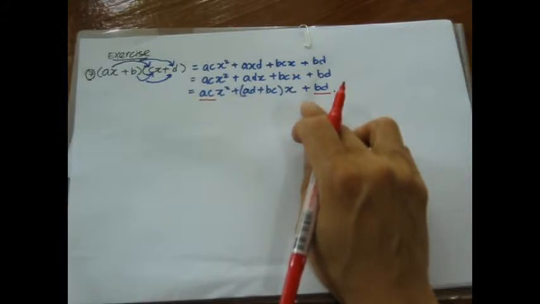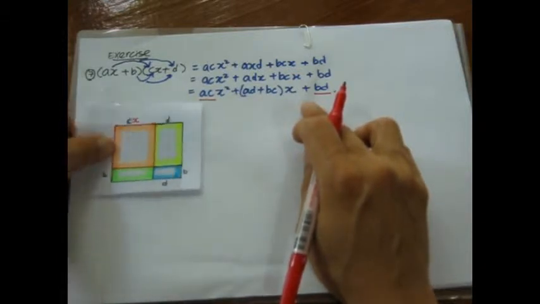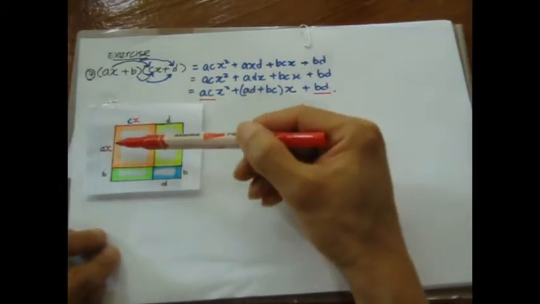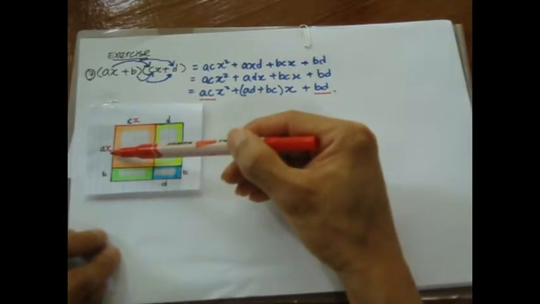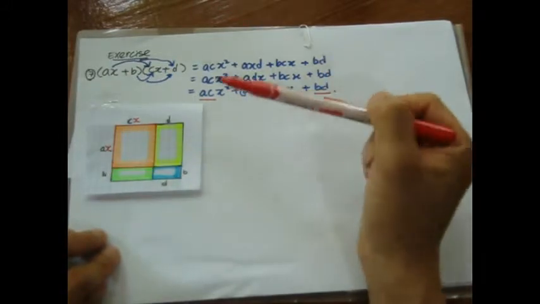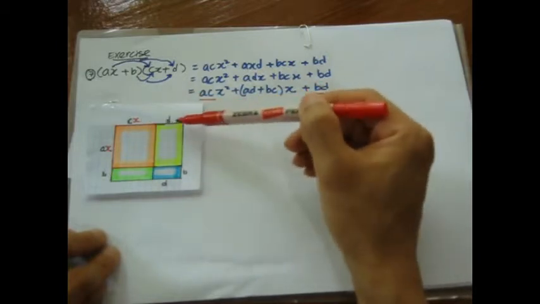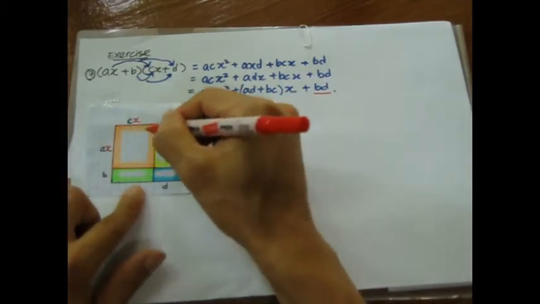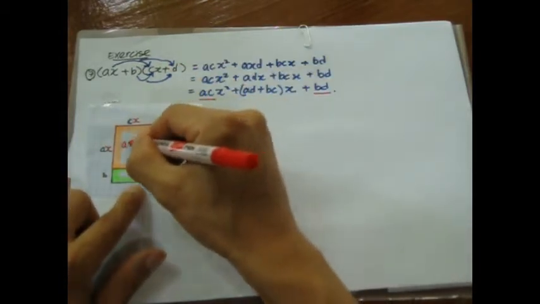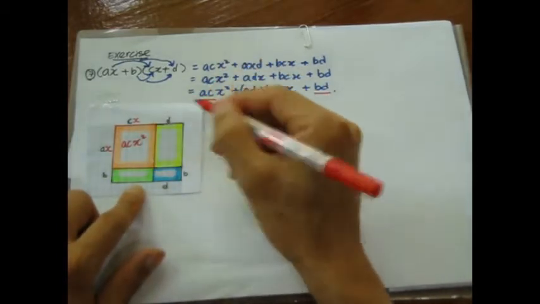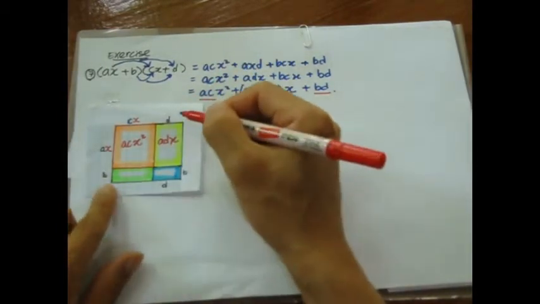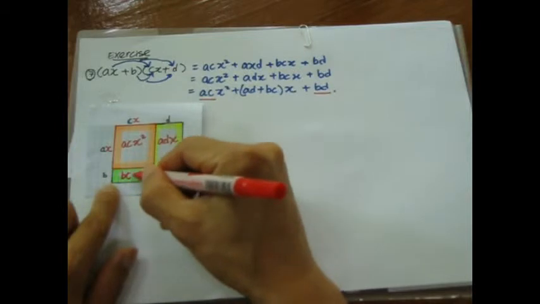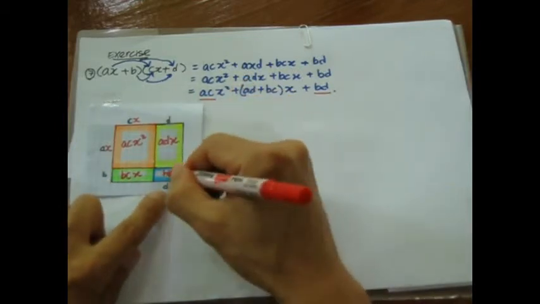Another way to think of this is from a geometrical point of view. That is, you have a box. Here, the width is Ax plus B, and the length is Cx plus D. Then the area of the orange box is simply ACx squared, the yellow box is ADx, the green box is BCx, and the blue box is BD.